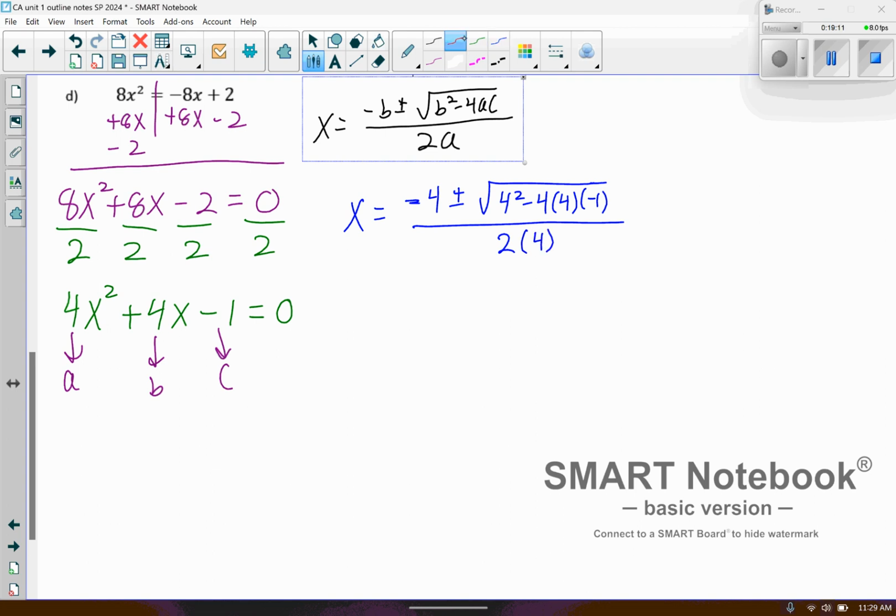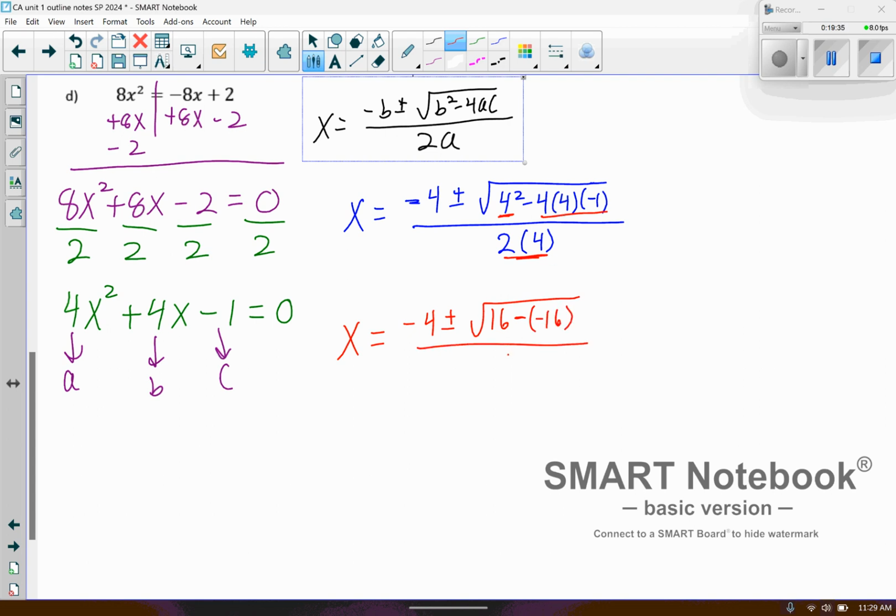All right. So we're going to go ahead and take care of these 3 parts right here. So let's see what we get. X equals negative 4 plus or minus the square root. 4 times 4 is 16. And then let's see, minus 4 times negative 1 will be a negative 16.